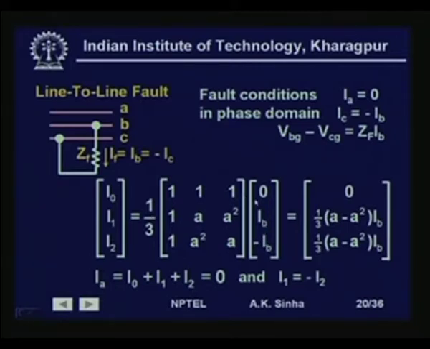So if we do this multiplication, what we find is I0 is 0, then I1 is equal to 1 by 3 into (A minus A square) IB, and I2 is equal to 1 by 3 into (A square minus A) IB.